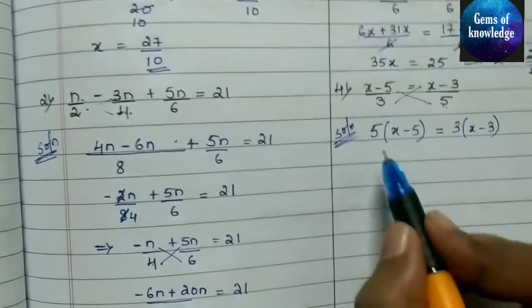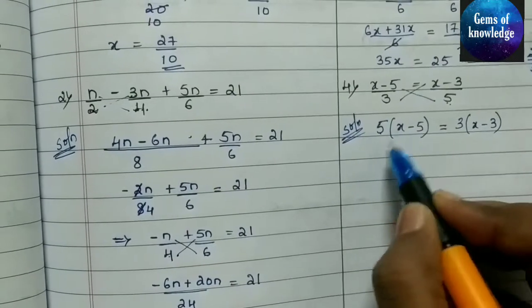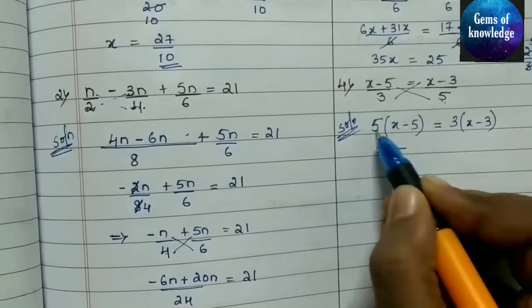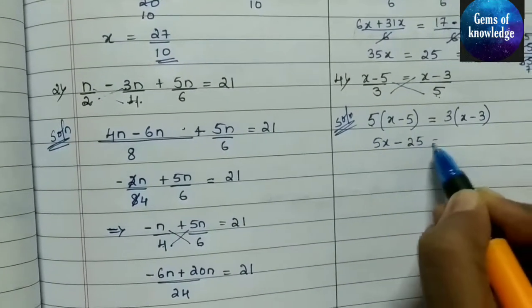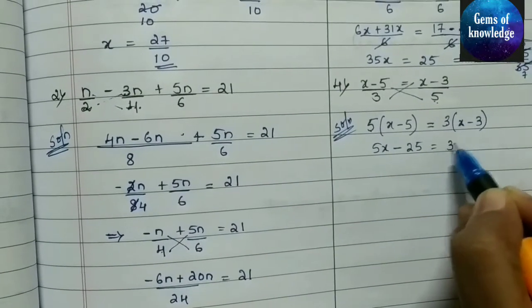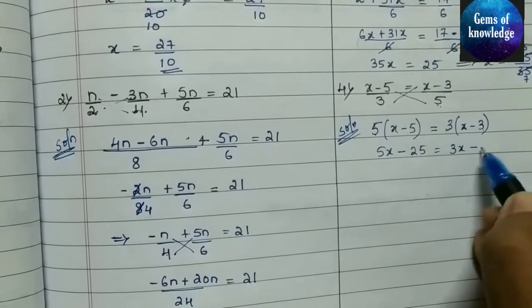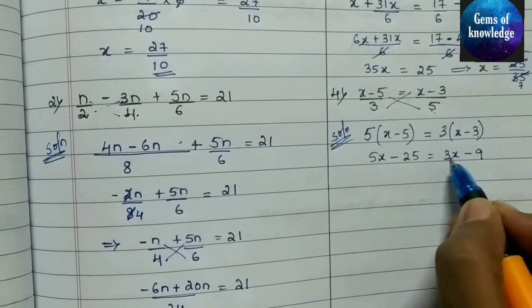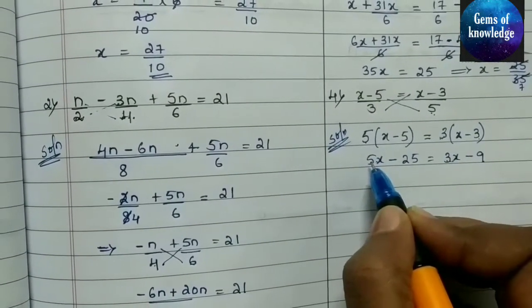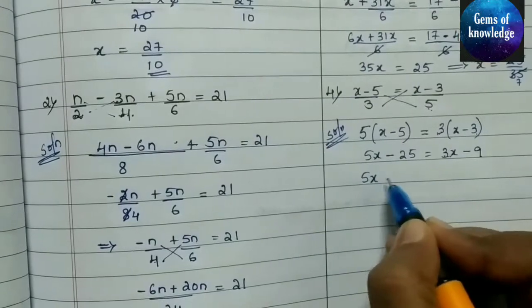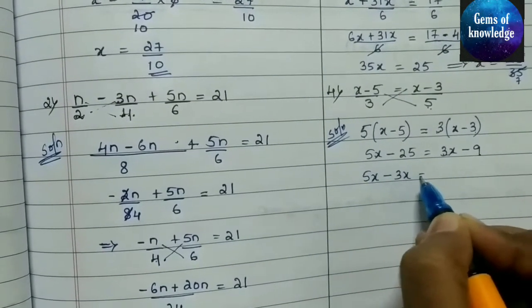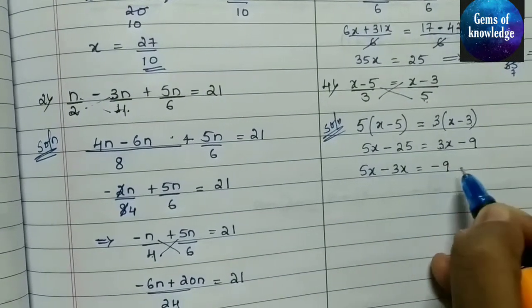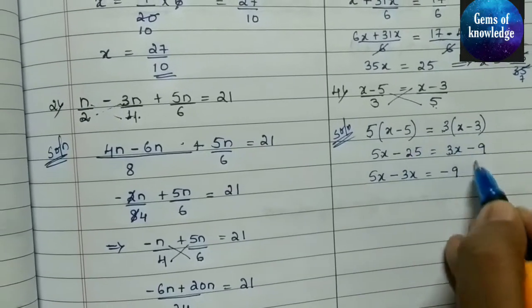Okay. So let us remove the brackets here. 5 into x will get 5x minus 5 5s are 25, which is equal to 3 into x is 3x minus 3 3s are 9. Okay. So 5x minus 3x. So we will bring this 3x to this side. So that will become 5x minus 3x, which is equal to minus 9. Let it be here, and we will bring this 25 to this side.